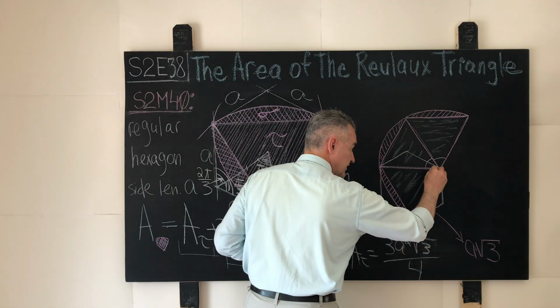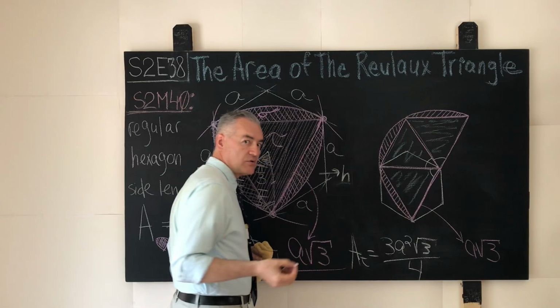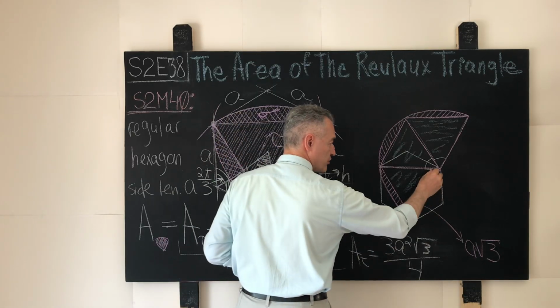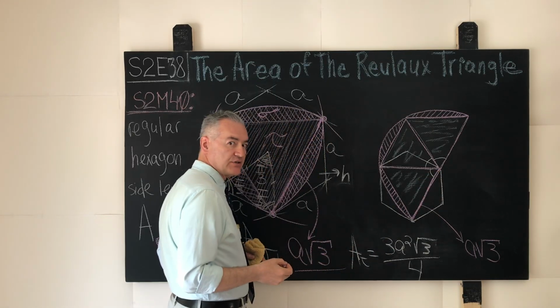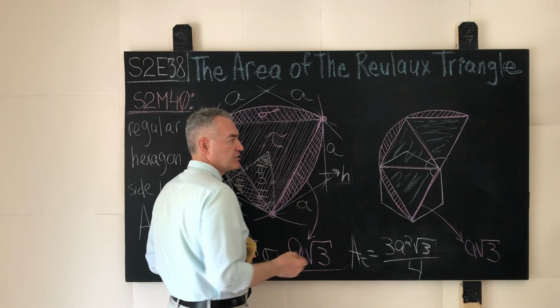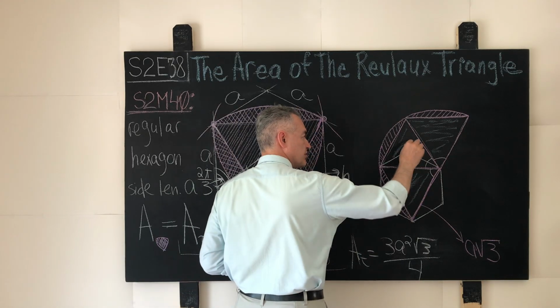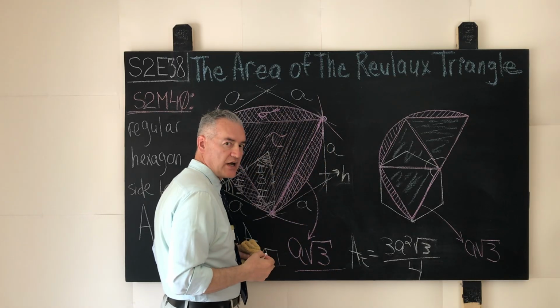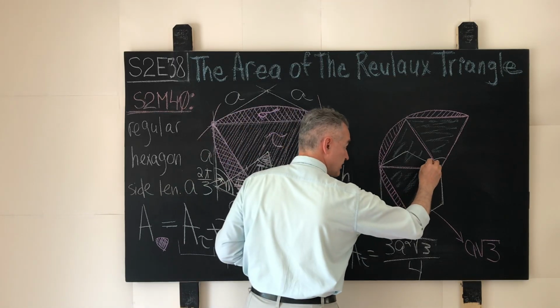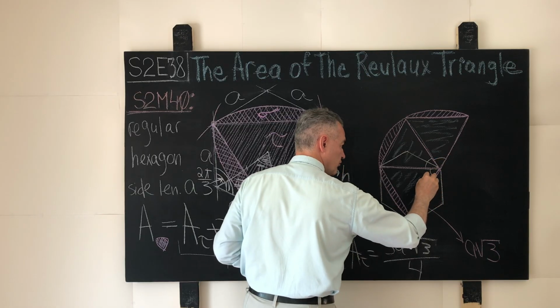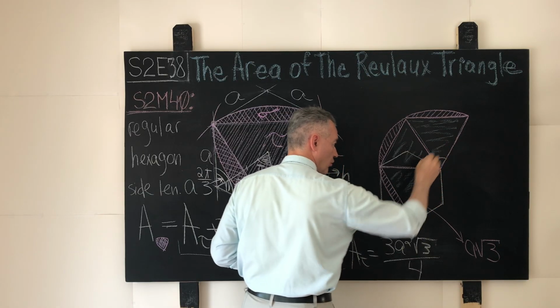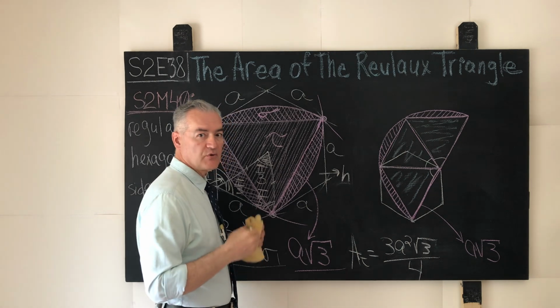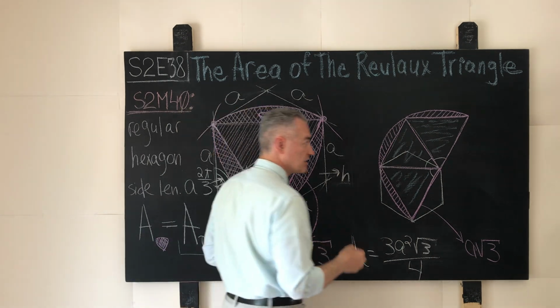The magnitude of the interior angle of every equilateral triangle is what? Pi over 3, or 60 degrees. So if we execute these two reflections in succession, then what will we have? We will have exactly 3 copies of the angle pi over 3. 3 copies of pi over 3 will be what? Exactly pi.